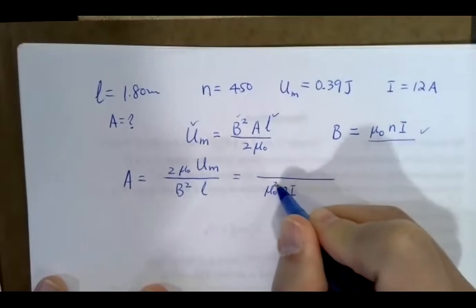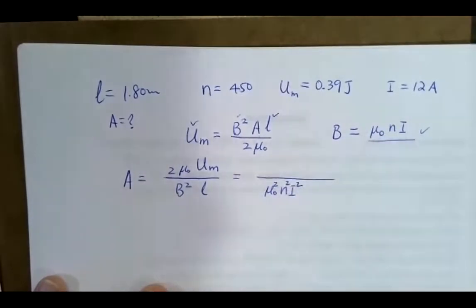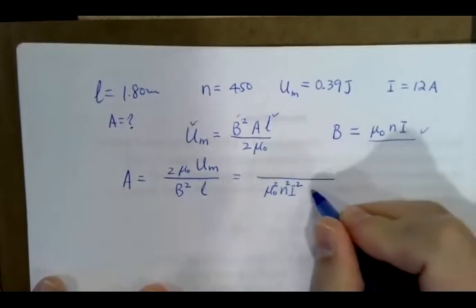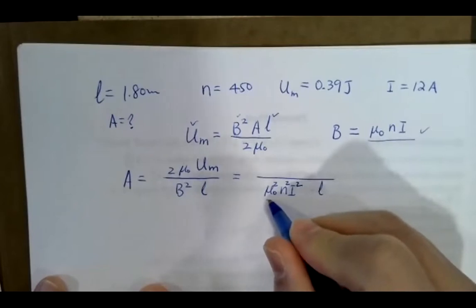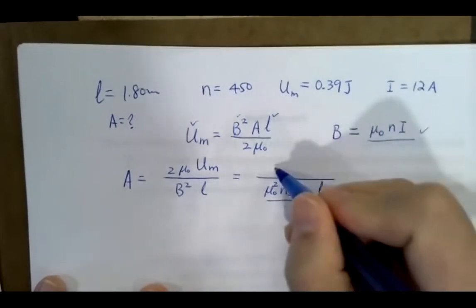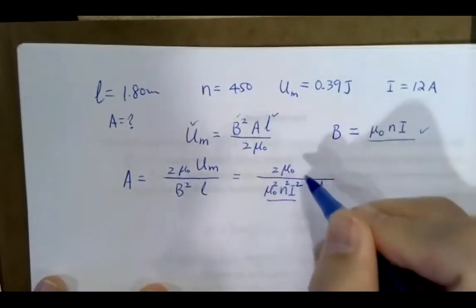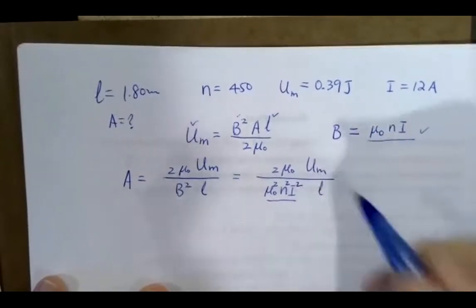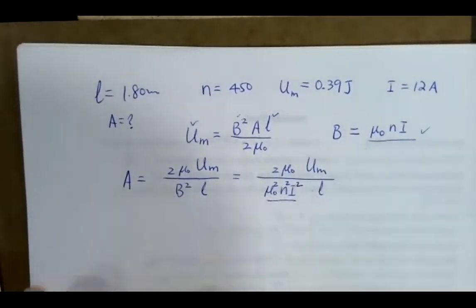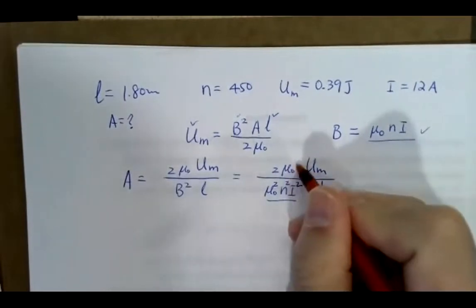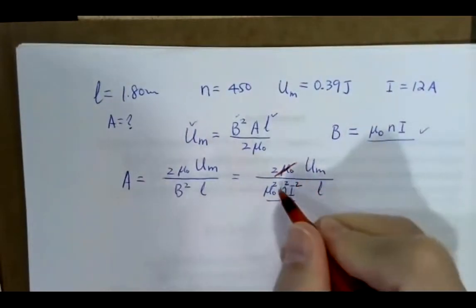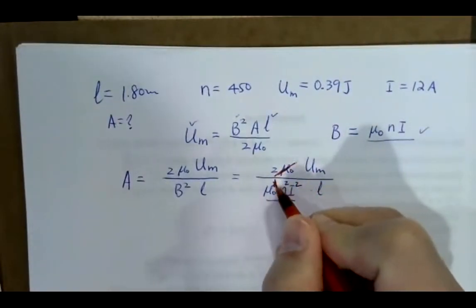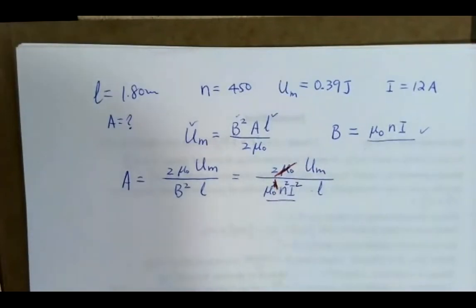That means you square each of those three terms, times L. So this is B squared. And then you can cancel out one mu naught here with the square.